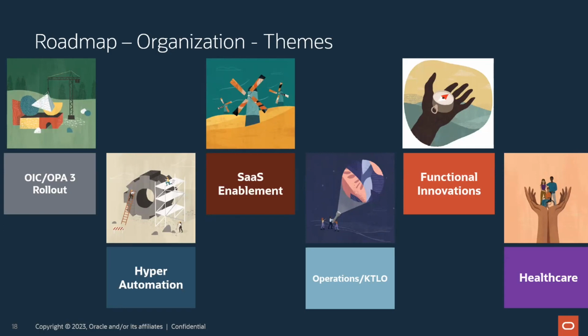So this rollout has two phases to it: achieving parity so that we can then upgrade folks, and then the actual rollout to the Gen 2 customer base. So there's no problem with this, it's not as if we're going to be forcing you to upgrade very quickly. We're looking at a period of maybe up to 18 months to get everybody onto OIC 3.